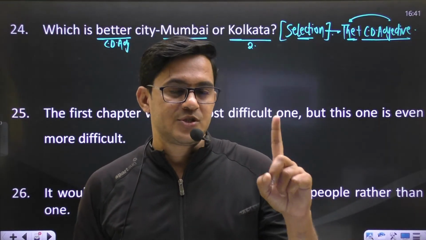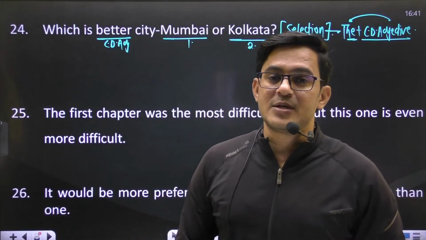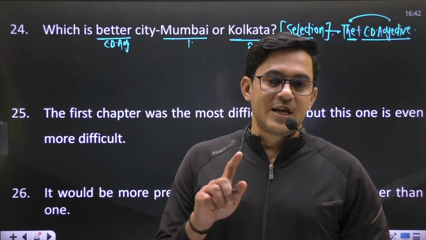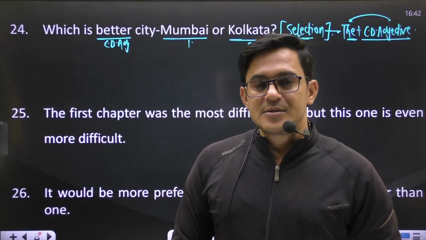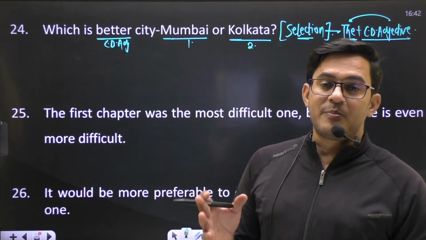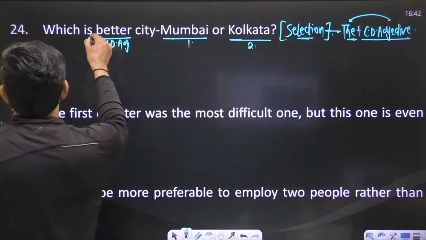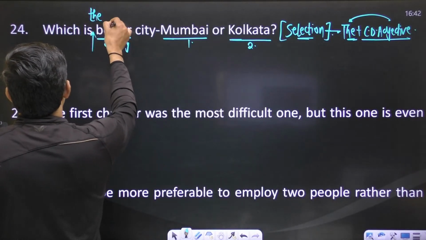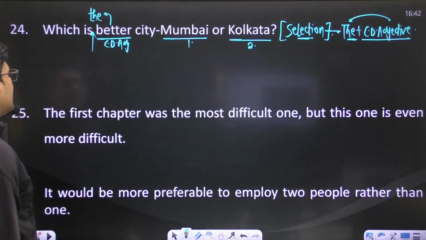One is the case of selection, and the second one is of relative increase decrease. Whenever you talk about selection or relative increase decrease, in this situation we use an adjective of comparative degree and article the is used before that. Okay, so to make this sentence okay, speak like which is the better city, Mumbai or Kolkata, right?